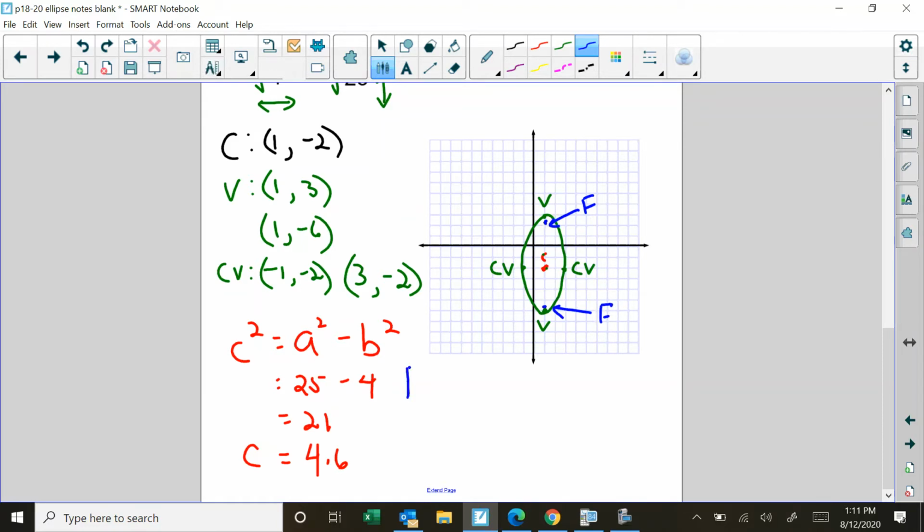And so if we write down the focal points, the top one will be at 1 and 2.6. The bottom one will be at 1 and -5.6. So that is the second ellipse.